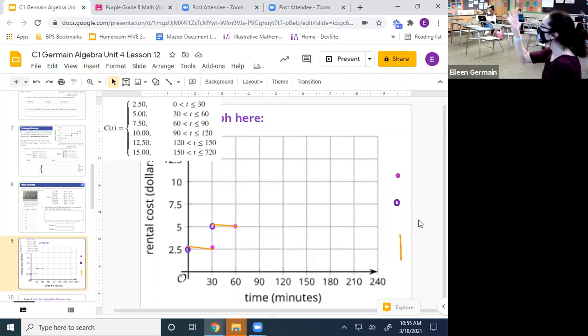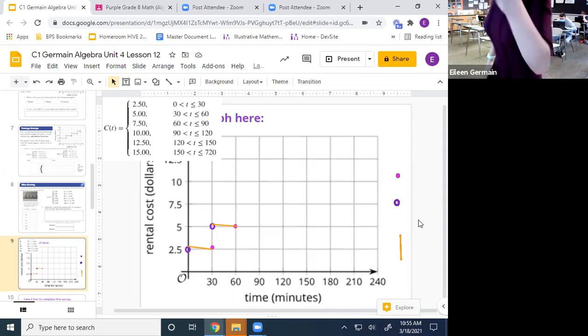Now what I want you to do is take the next 2 to finish creating this graph using these symbols here. Using these circles, using these lines, making it as straight as you can, but knowing that it probably won't be perfectly straight. Take 2 minutes, let's do this.